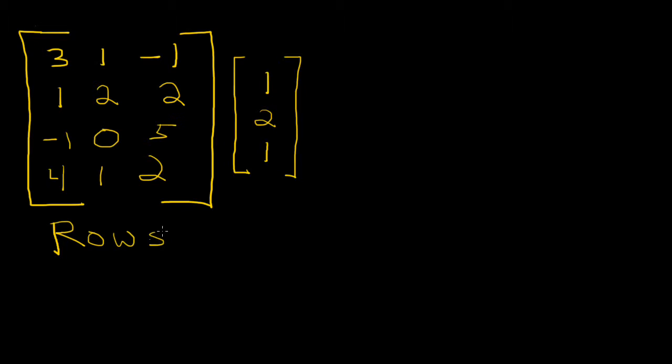What we multiply by, on the right hand side, will give us the column amount. So this is the columns. And in this case, as you can see, we only have one, so that means we're only going to have one column.